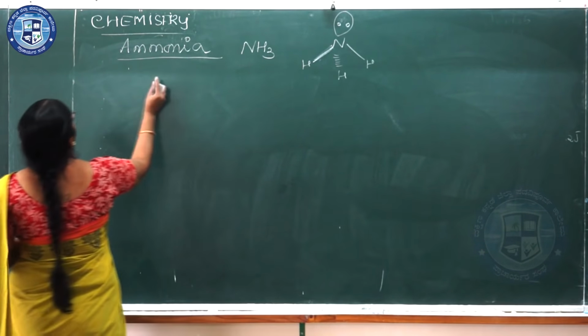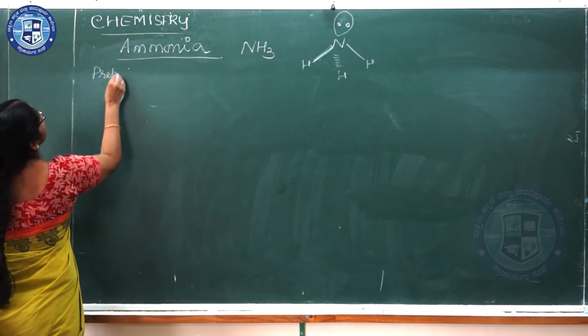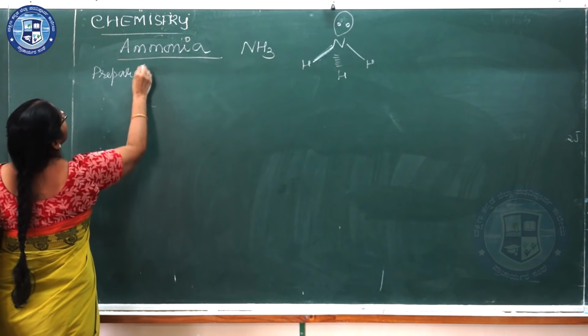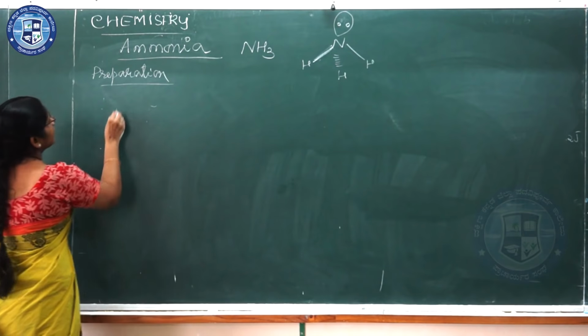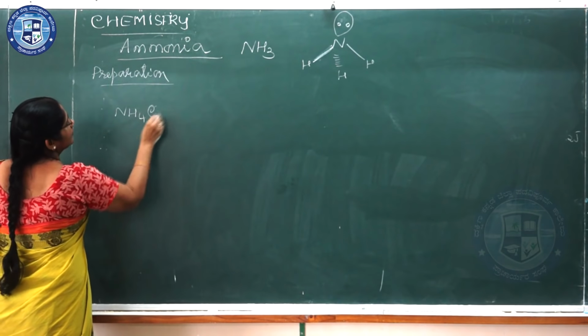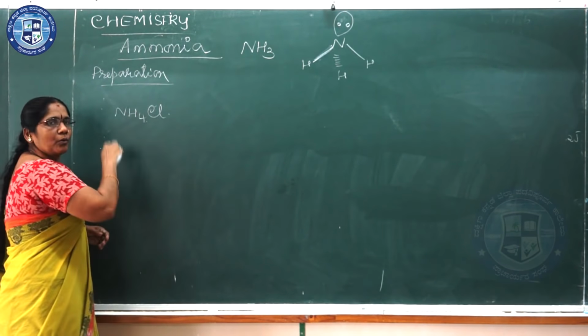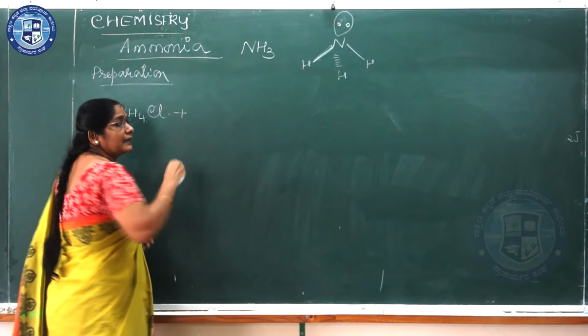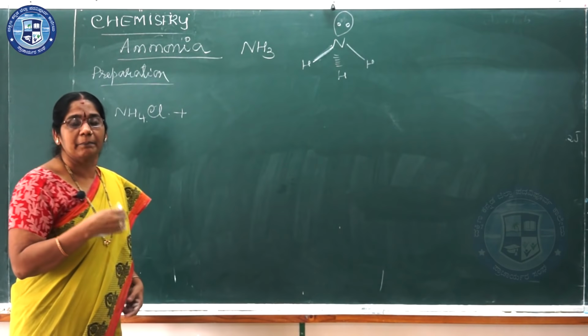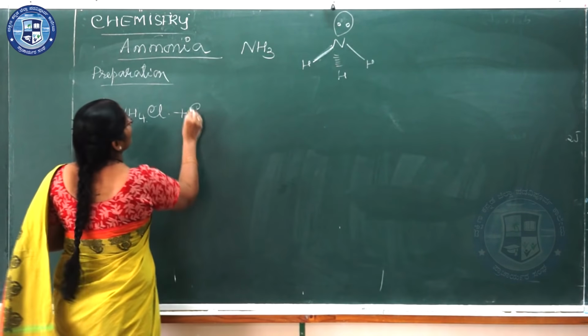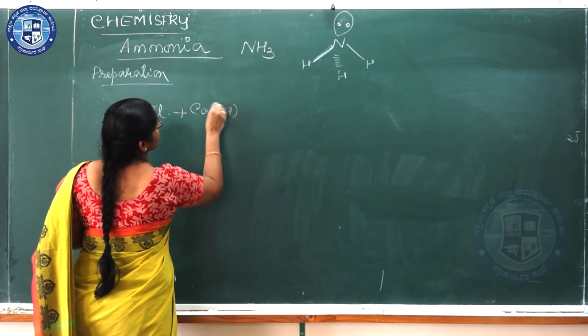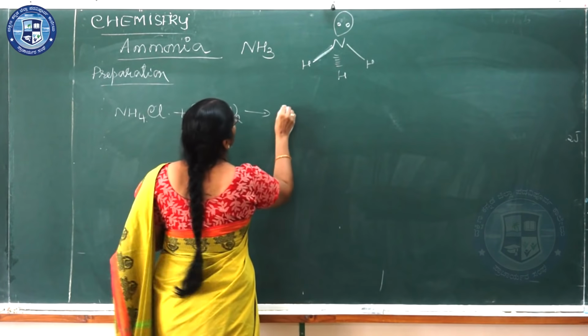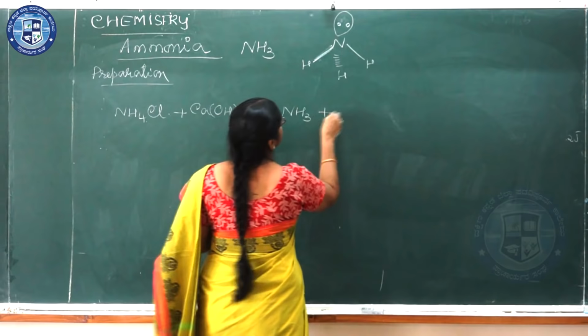So, we will see the preparation in the laboratory by treating ammonium salts like ammonium chloride or ammonium sulfate or ammonium nitrate, any salt with bases like sodium hydroxide or even calcium hydroxide can be used to give ammonia.